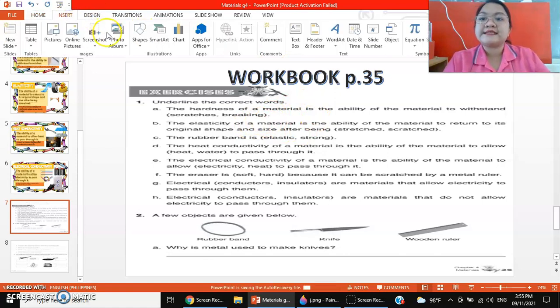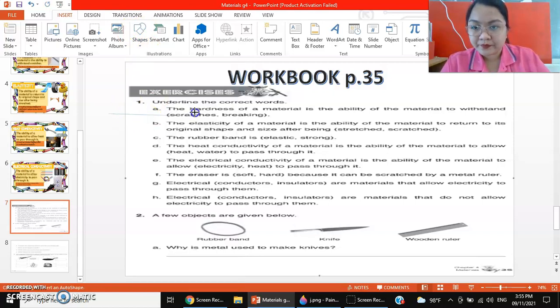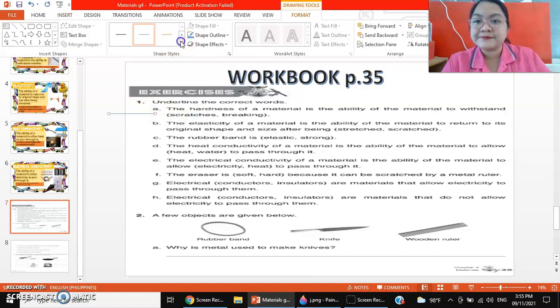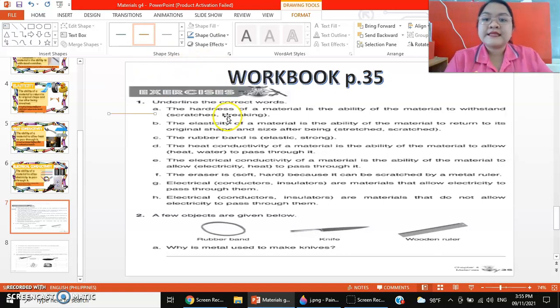So for example, we have number 1, letter A: the hardness of a material is the ability of the material to withstand what? Scratches or breaking. The hardness of a material is the ability of the material to withstand scratches or breaking.